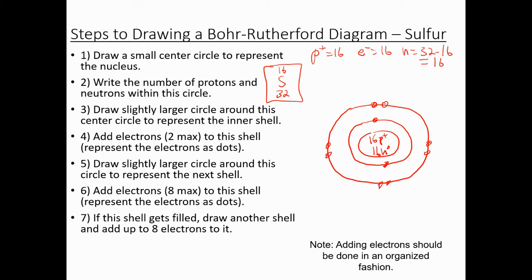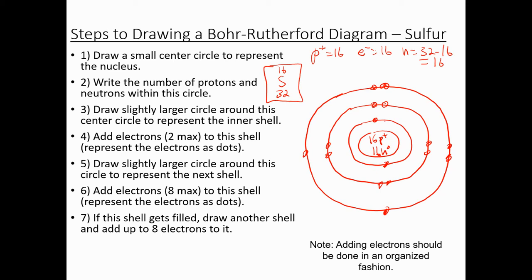We've only placed 10 electrons, 2 on the first, 8 on the second. So we have 6 more to place, but the last shell here is full. So I'm going to be making a third shell and then just putting my last few electrons there. So 1, 2, 3, 4, 5, and 6. And so now I've placed all my electrons.